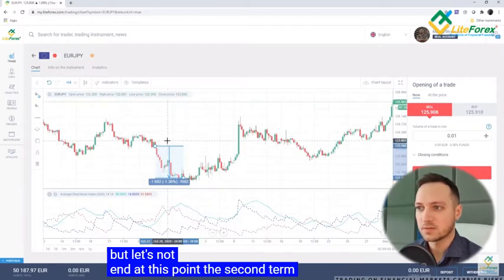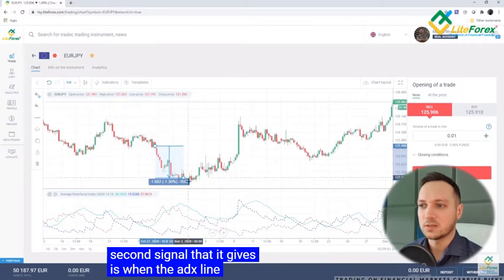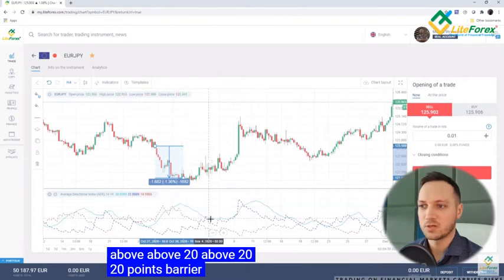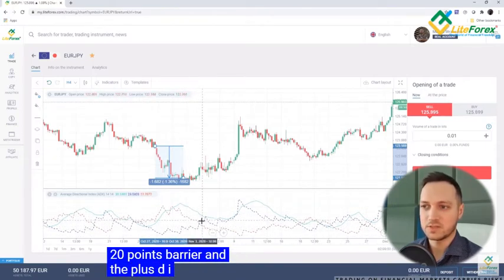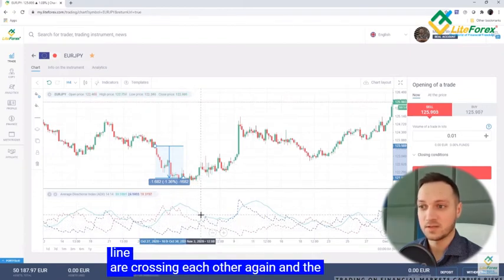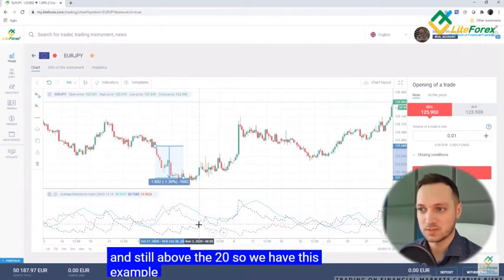The second signal that it gives is when the ADX line is still above the 20 points barrier, and the plus DI and minus DI, the dashed lines, are crossing each other again, and the ADX is still above the 20.